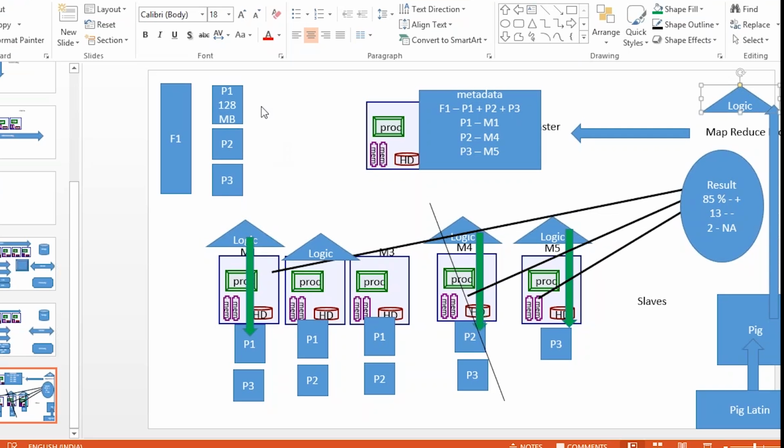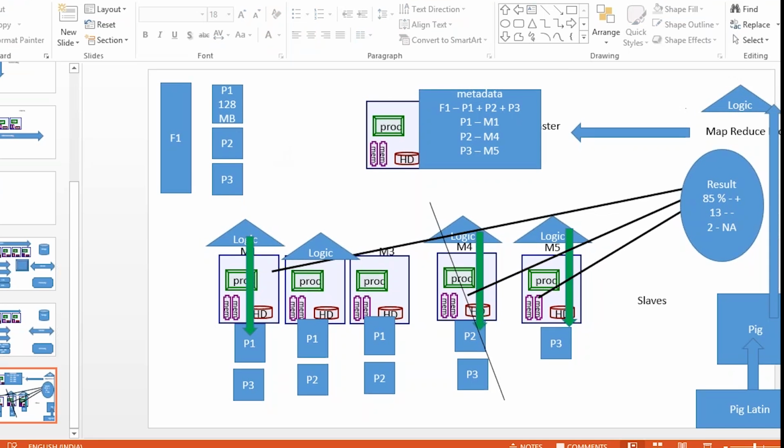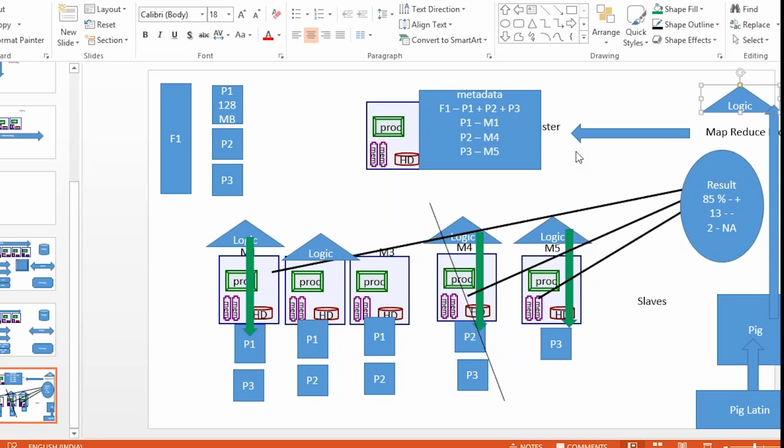The framework knows how the data is distributed and how to handle it. Within the logic, I'll mention what the dependent data is. Right.